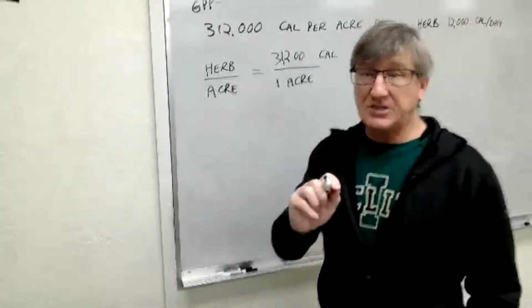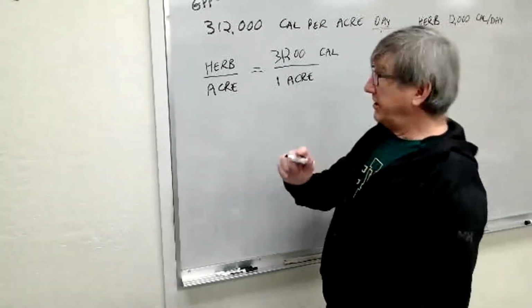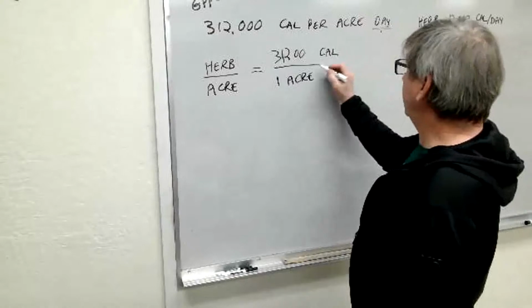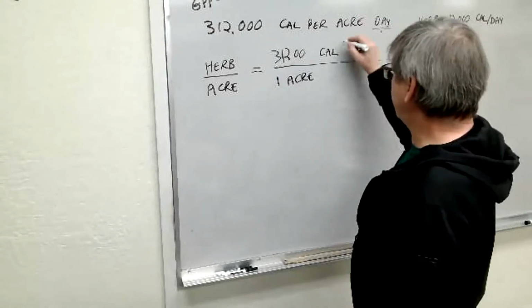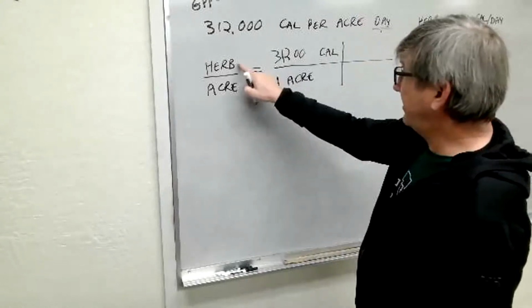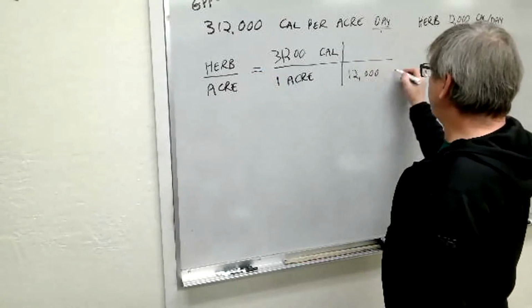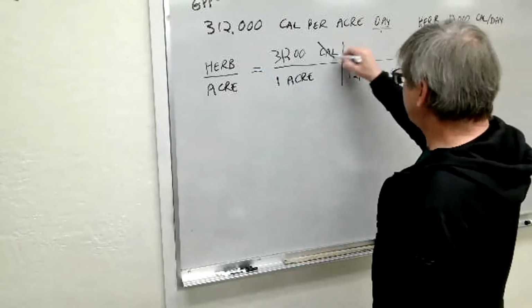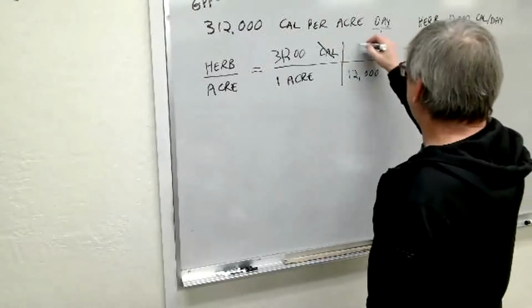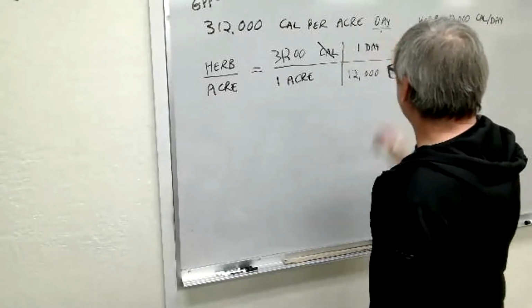Okay, so if it needs 12,000 calories a day, and all I have to do is cancel out my calories, right? I don't want calories in my final answer. So this 12,000 is going to go at the bottom so that I can cancel the calories. And this is in one day.